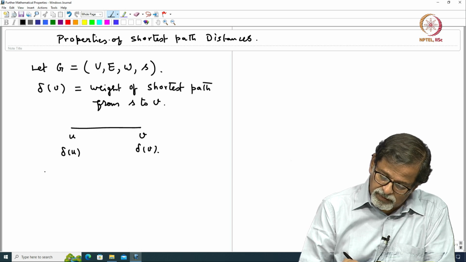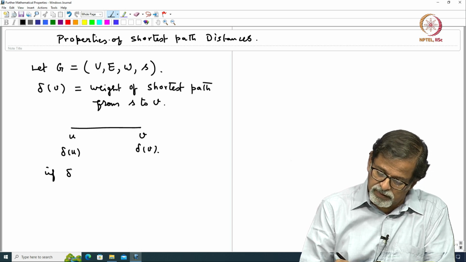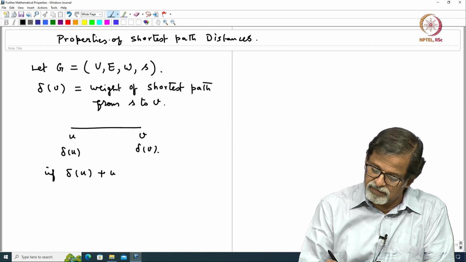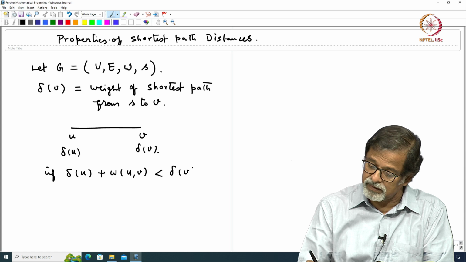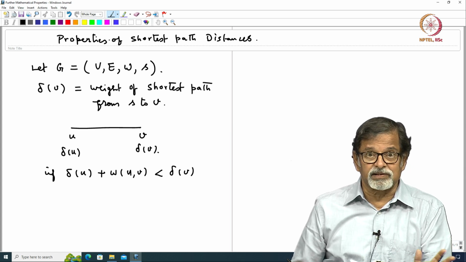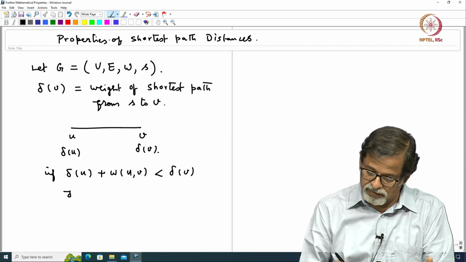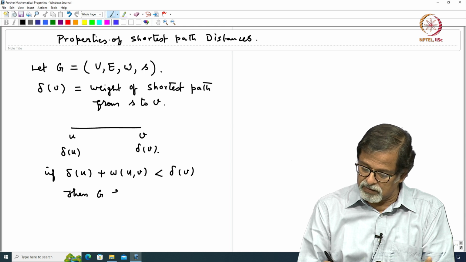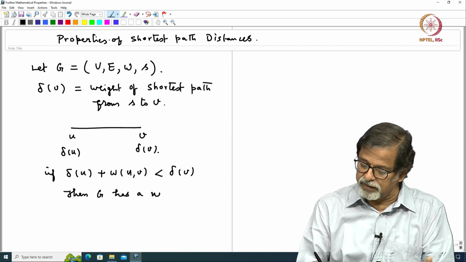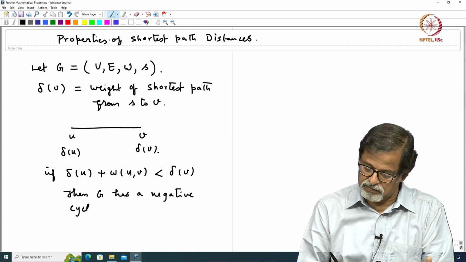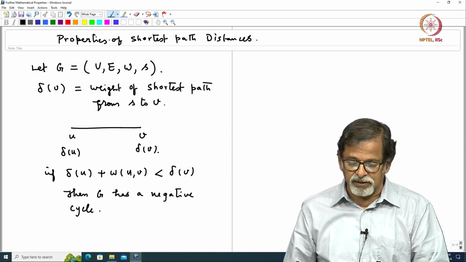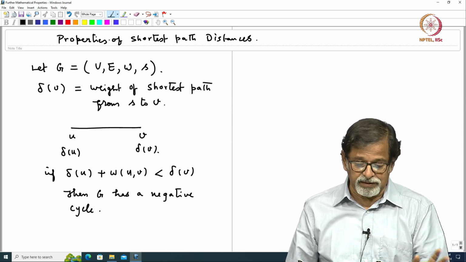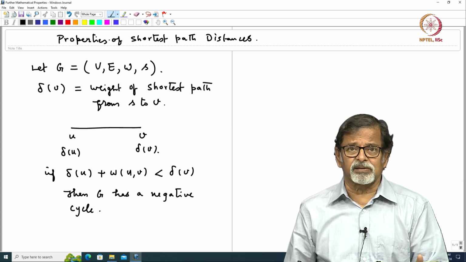We have seen that if delta u plus weight of uv is less than delta v, then G has a negative cycle. If delta u plus wuv is less than delta v, then G has a negative cycle.